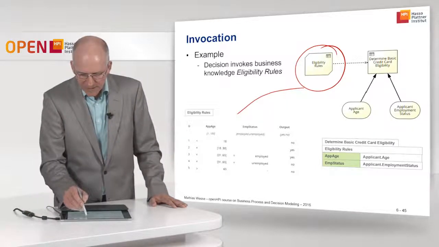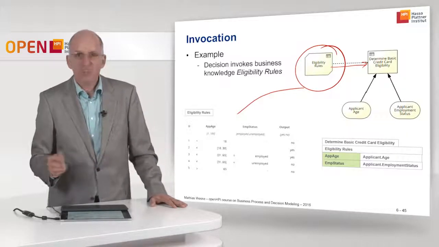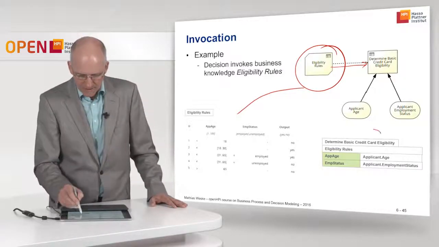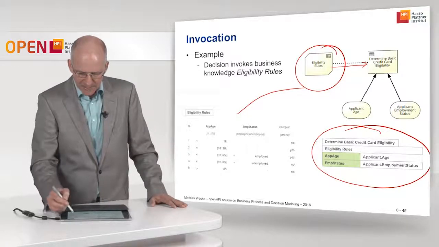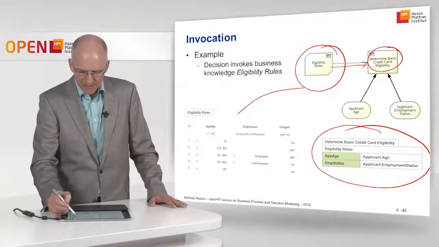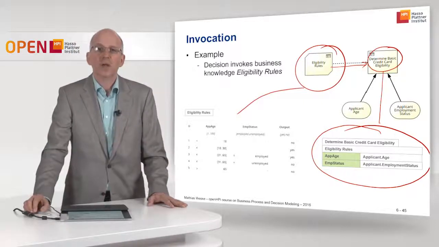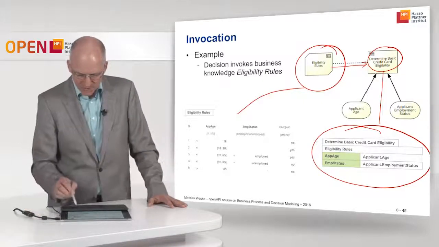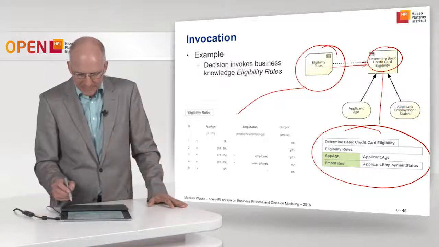And we have here the invocation assigned. How the invocation takes place is specified by the decision. So the determine basic credit card eligibility decision has as internal information the information that you see on the lower right-hand side here. What does it tell us?